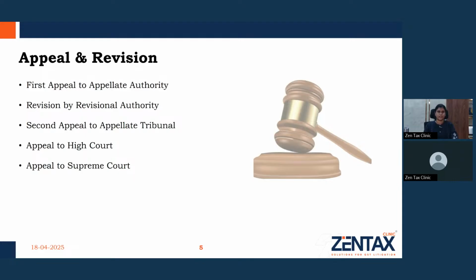To summarize the above, the appeal and revision provisions under GST will be: first appeal will be filed to the Appellate Authority. In case of revision by the revisional authority, that may also be undertaken. Or otherwise, the next stage is the second appeal to the Appellate Tribunal. The third procedure is appeal to High Court, and the final one is appeal to Supreme Court.